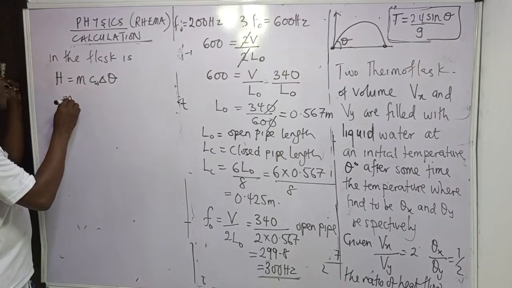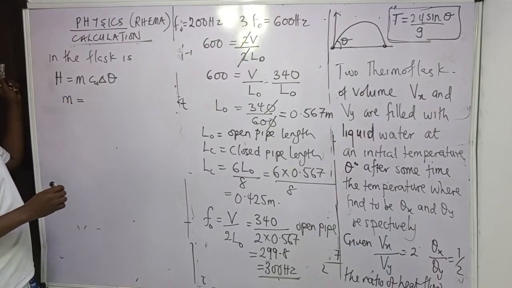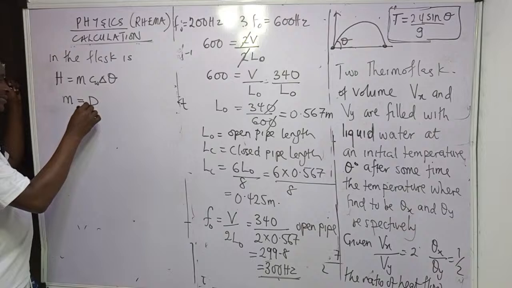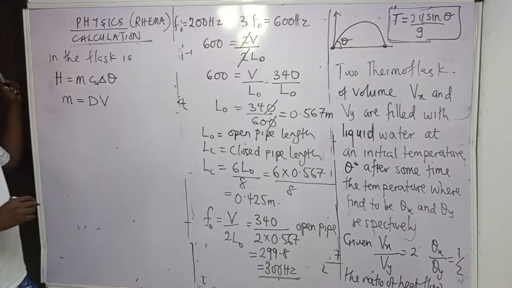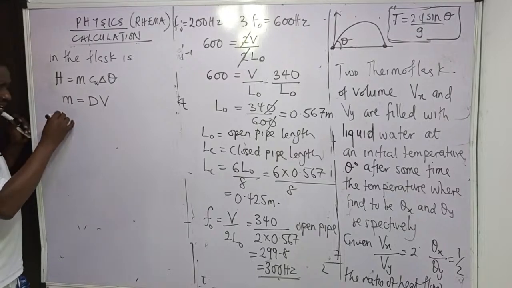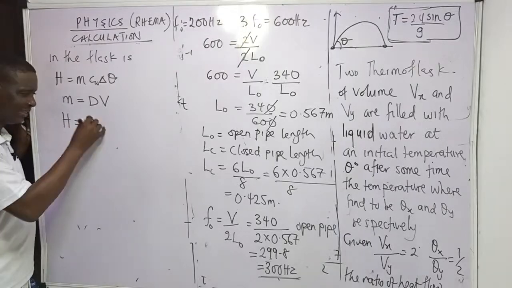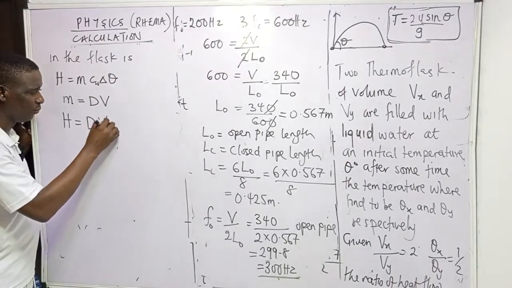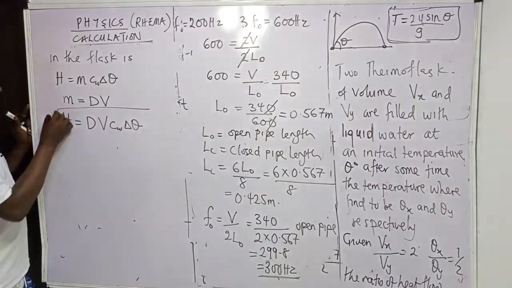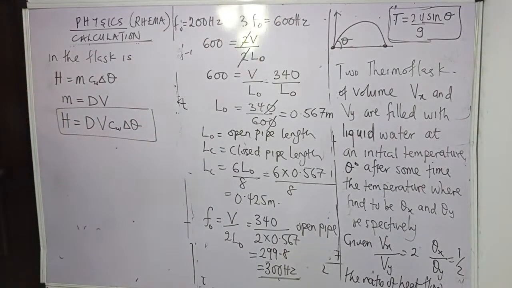Recall that mass is equal to density times volume. So I can write heat flow equal to density times volume times C of water times change in temperature. That is the formula I want to apply.